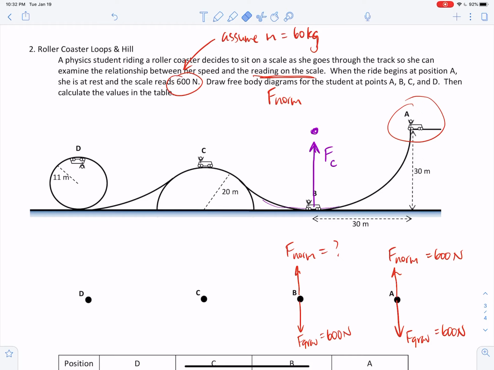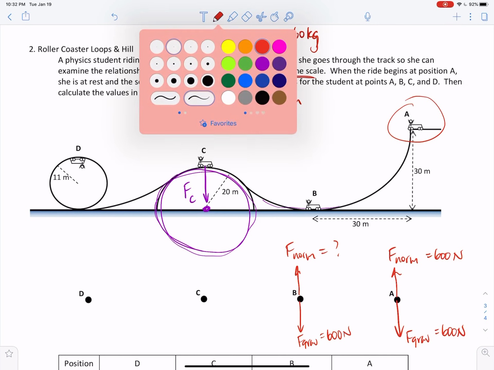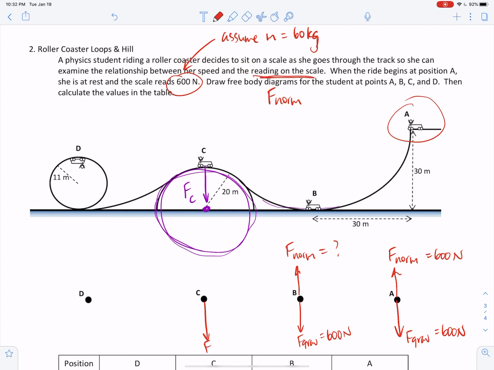All right, location C now. The girl finds herself in a new circle here, where the center of that circle is now below her. So now the centripetal force would be downwards, and so she will again have gravity of 600 newtons, but now the normal force is going to be different than before.